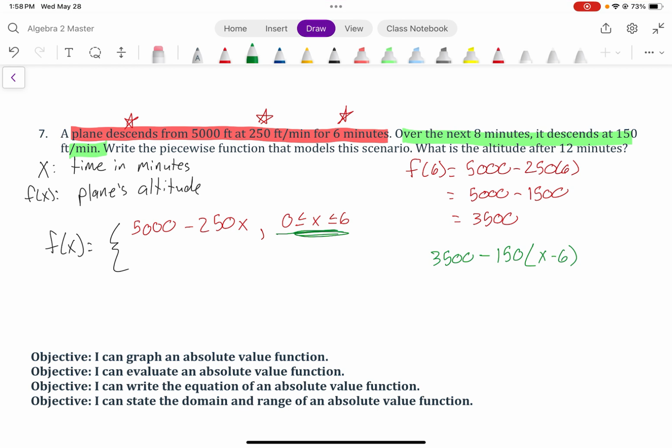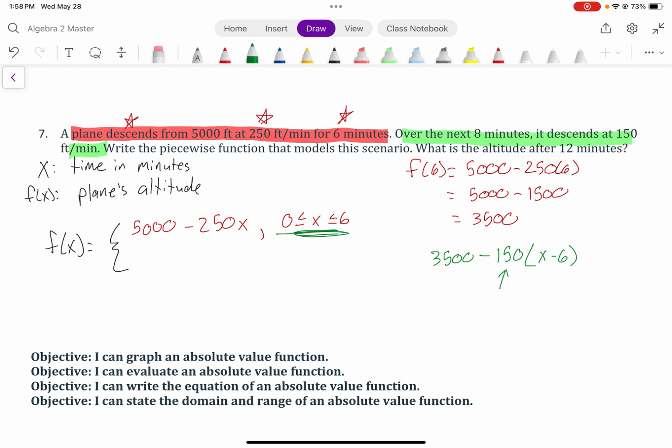So I'm going to be plugging in this time frame of when the time is 7 or 8 or 9. But I'm going to multiply that value by negative 150. In the time from minute 6 to minute 7, that is 1 minute of descent. I don't want to multiply by 7 minutes of descent.